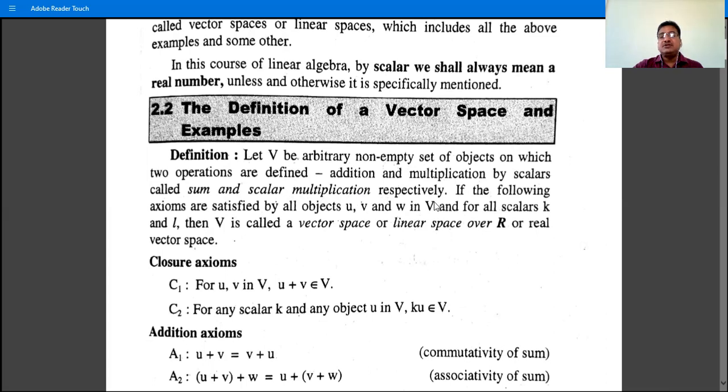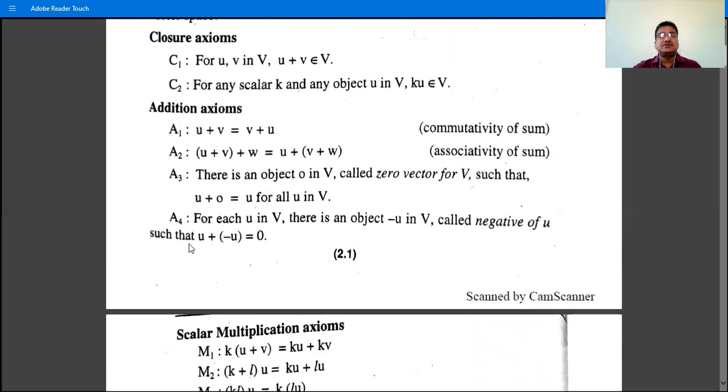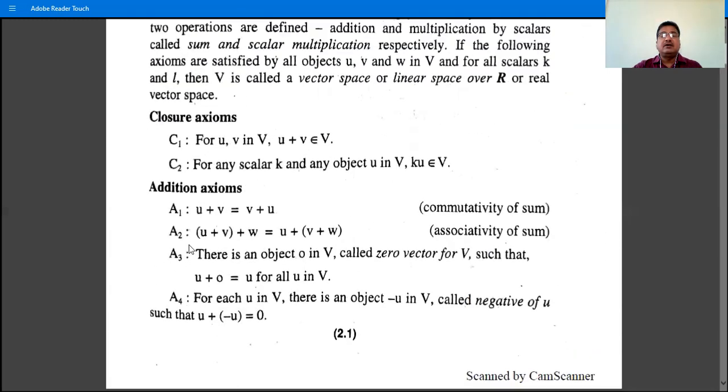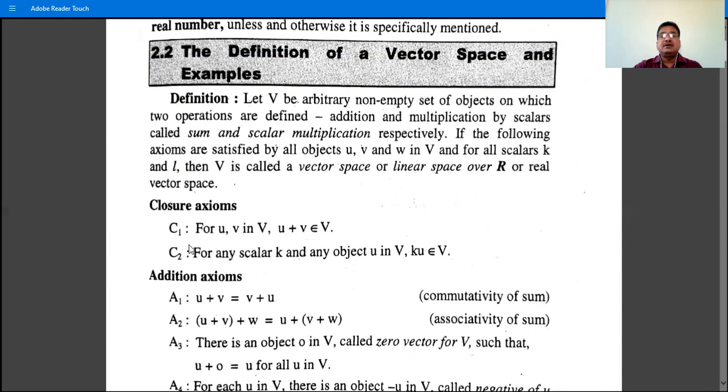And if u, v, w are elements of V, and all scalars k, l, m, n satisfy the following 10 axioms, then V with these two operations is called a vector space.